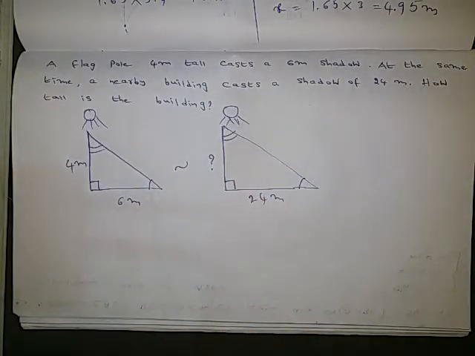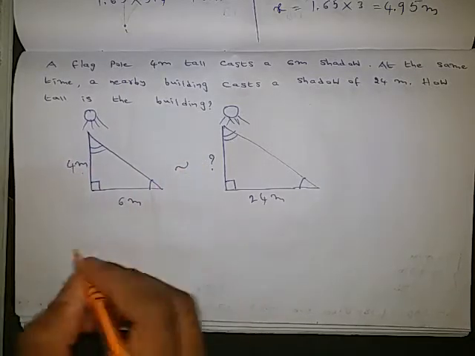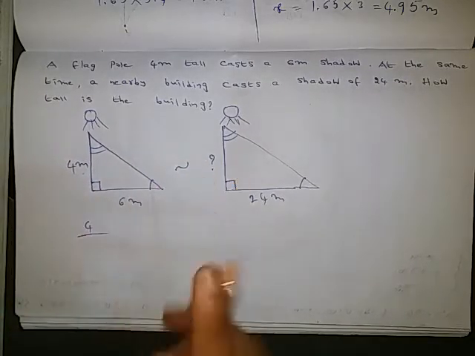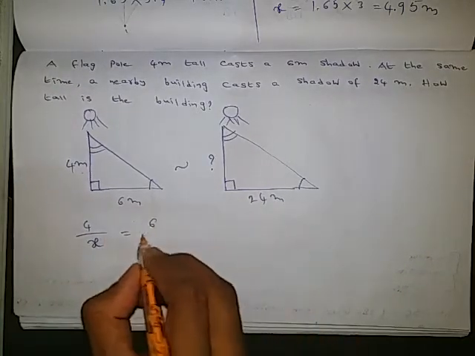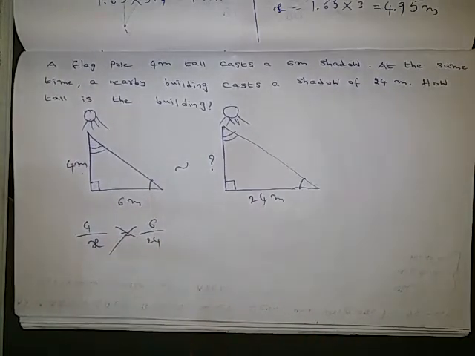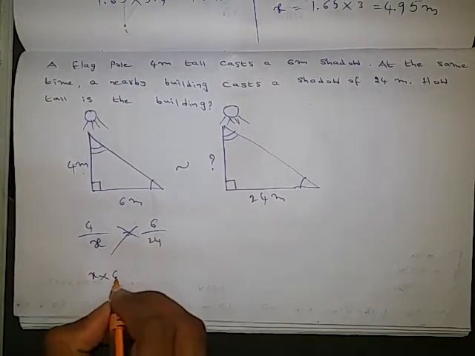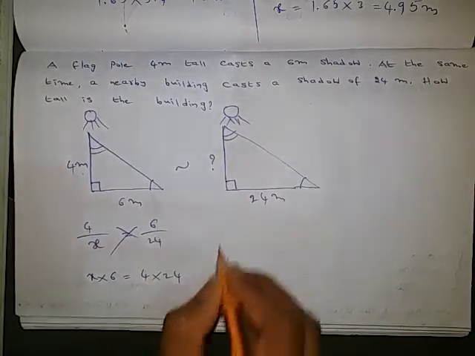If two triangles are similar to each other, we can apply the corresponding sides ratio again. Left side by left side, that is 4 by x, is equal to base by base, that is 6 by 24. If you cross multiply, x into 6 is equal to 4 into 24.